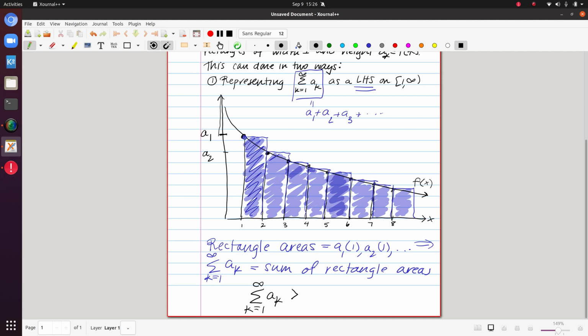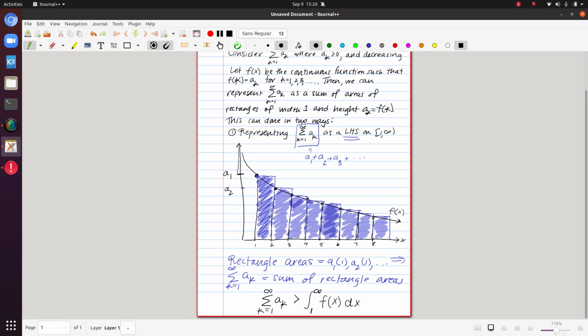And that's because we know f of x is decreasing. Those rectangles have leftmost edge at 1, and there are infinitely many of these. So when I'm comparing these, I have to situate my interval for f of x so that these match up. So the true area under the function f of x from 1 on to infinity has to be a lower bound for the value of this sum.